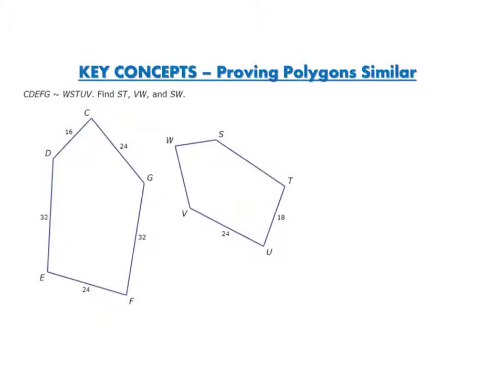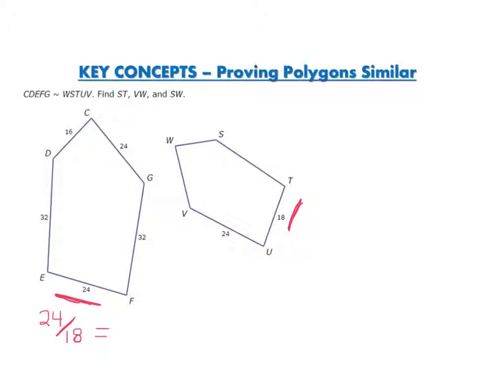All right, here I'm supposed to find the length of ST, VW, and SW. So, I kind of noticed that these sides are the same because they're opposite the pointy end. So, I'm going to take 24 over 18. This is going to find my scale.